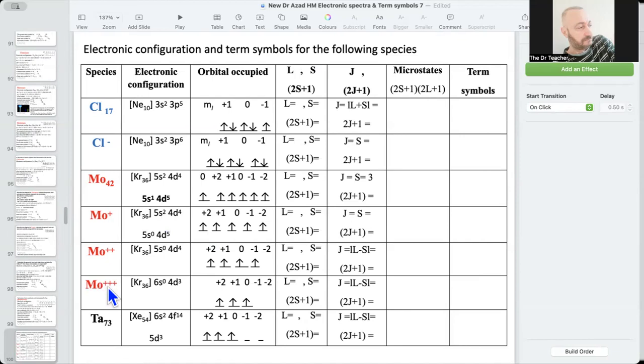Here you remove 2 electrons from where? From the s. The s will lose 2 electrons if you have such an ion or cation. So remaining 4 electrons, and you can count all the values. If you have molybdenum 3+, they are all in total 6.